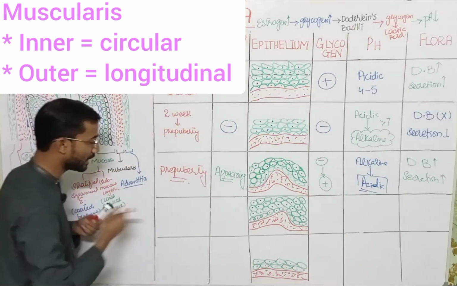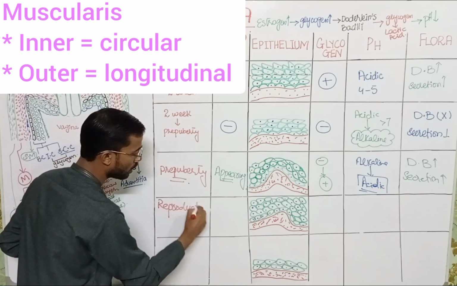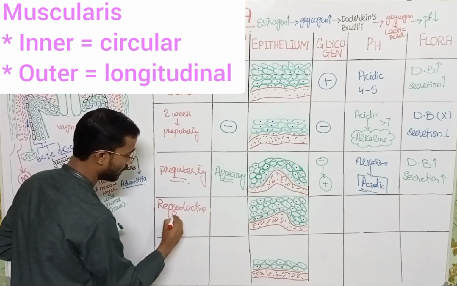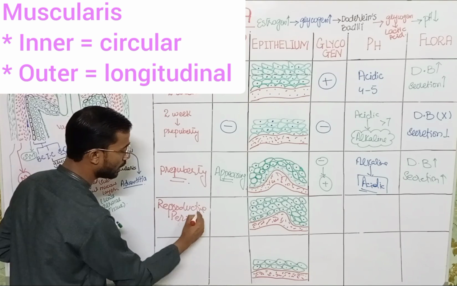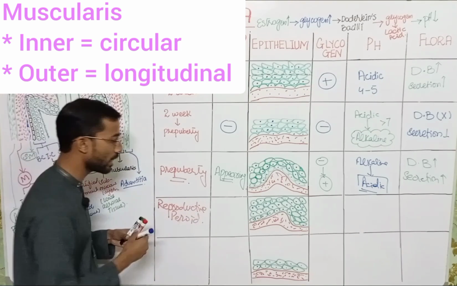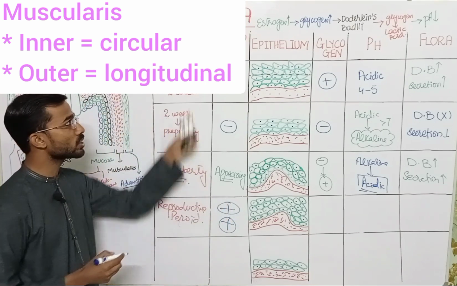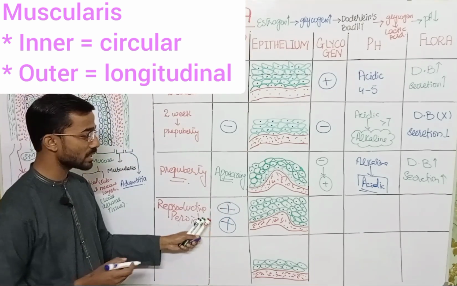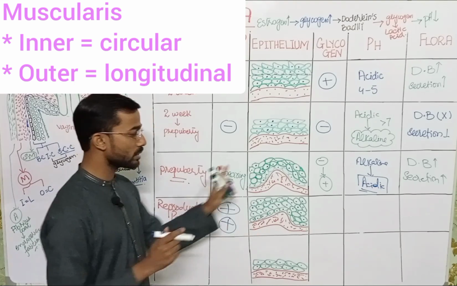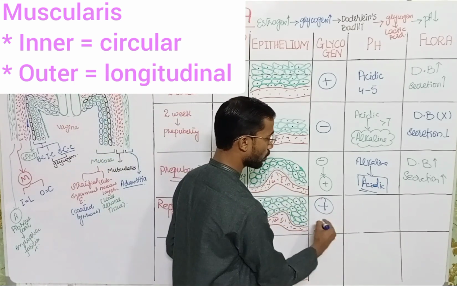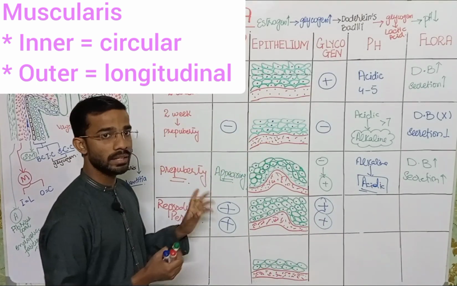And in the reproductive period, you will see the secretion of the estrogen will be maximum in the reproductive case, and the thickness will be maximum. And you will see if the estrogen is produced, then the glycogen also has a positive effect, and glycogen is also produced in that case.